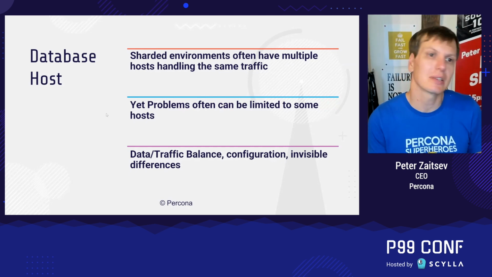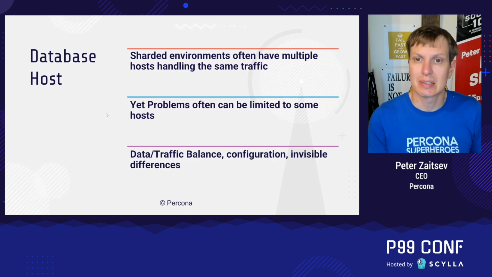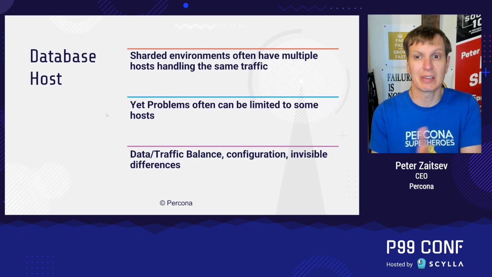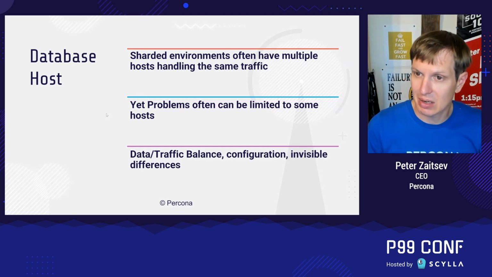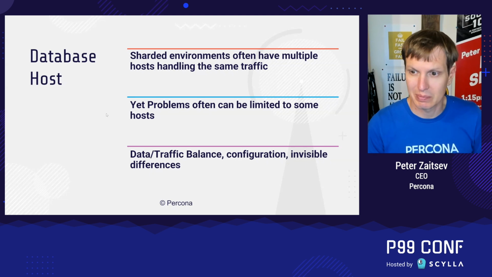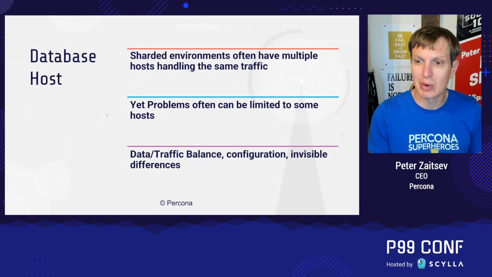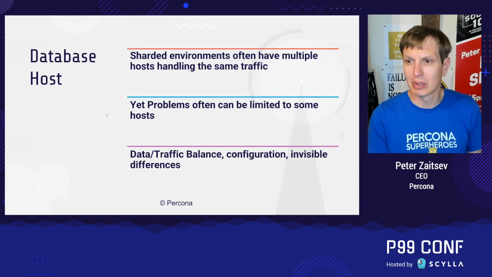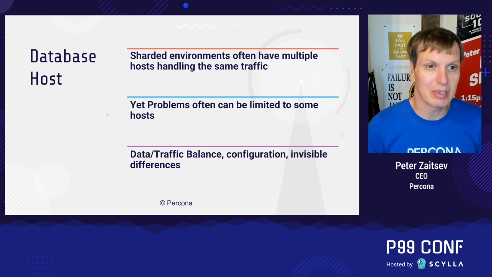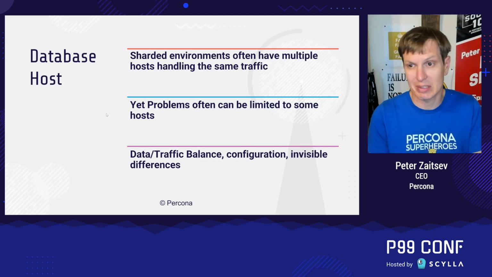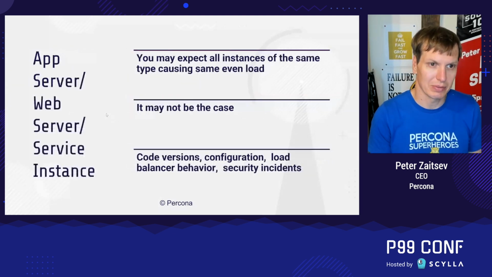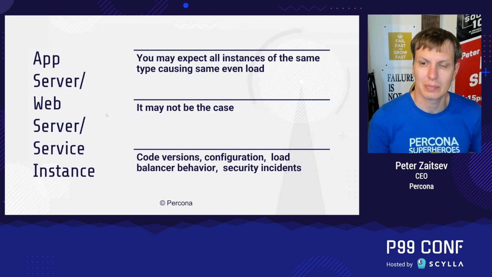Often for one reason or another, you will find some database hosts having worse performance problems, even in a sharding environment where they serve substantially similar traffic, right? So being able to contrast and compare the query performance on different hosts, as well as the query load pattern, is very helpful.